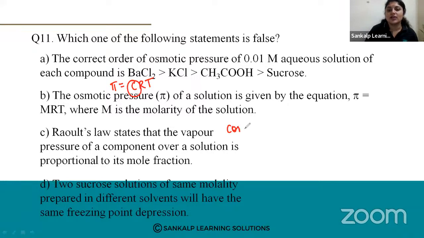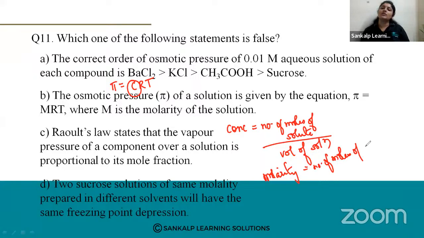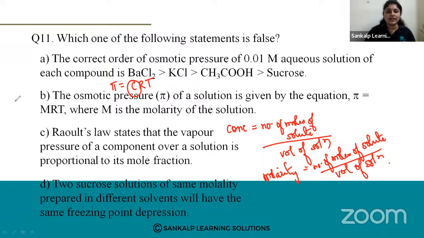C is concentration, the number of moles of solute divided by volume of solution. Now, what is molarity? Molarity is also the number of moles of solute upon volume of solution. Right, so this statement is correct.